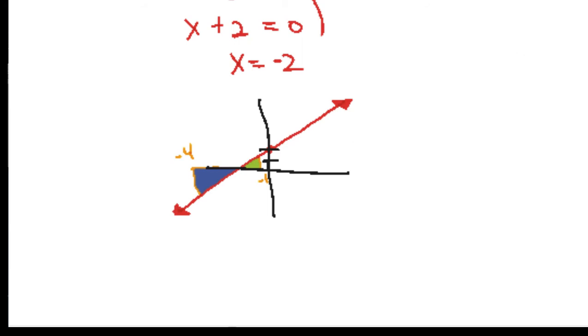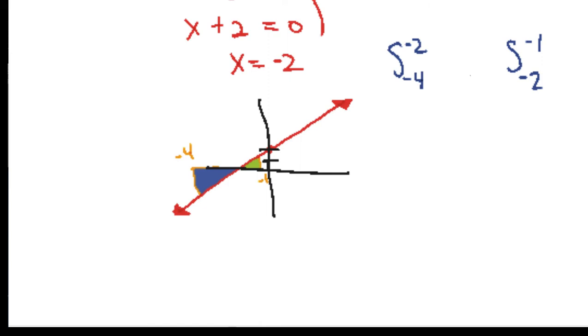So let's say you forgot how to graph this, you didn't know. How would you find out which ones were on top? Well, we have two integrals now, you should know. We have one integral that's going to go from -4 to -2, and then the other one that's going to go from -2 to -1.